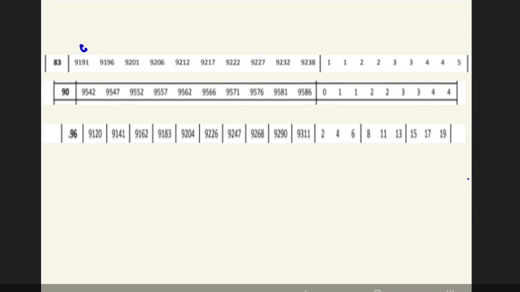We have 0, 1, 2, 3, 4, 5, 6, 7, 8, 9. So that is how we find logarithm.